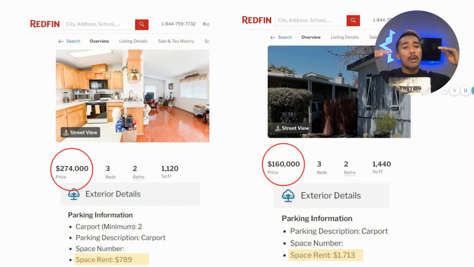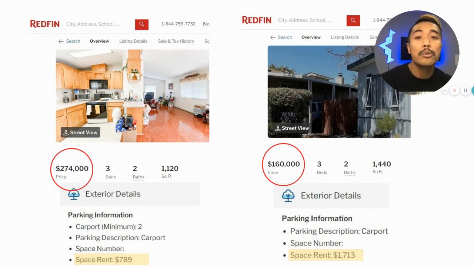And you have to know how to price your home, or how to know what home to buy based off of that space rent. We actually have our internal tools that help us evaluate what will get you the right decision, and then also whether or not this works great with your loan or not.